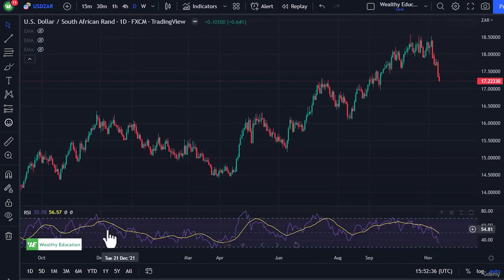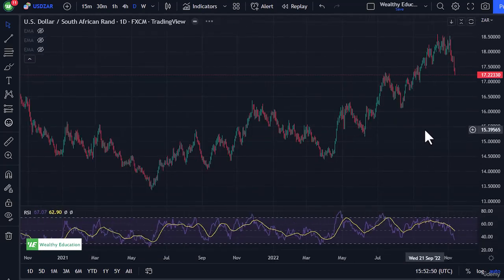There is a purple line here that pops out above or below the range marked between 30 and 70. The idea is that anytime you see it pop above, the market's overbought, perhaps due for a pullback. When you see it break below, it's oversold, perhaps it's due for a bounce.